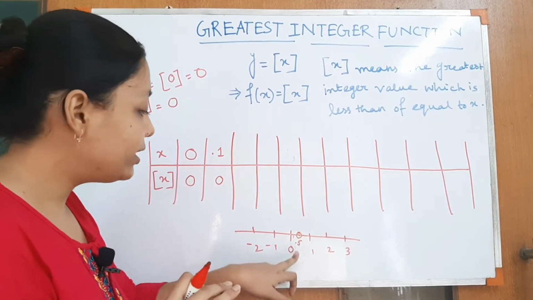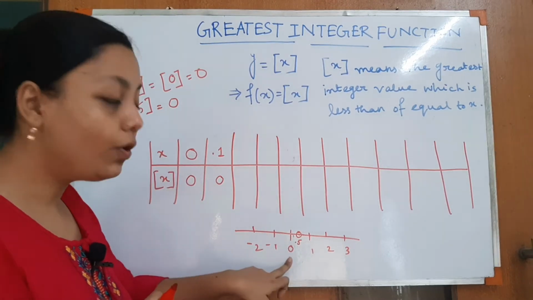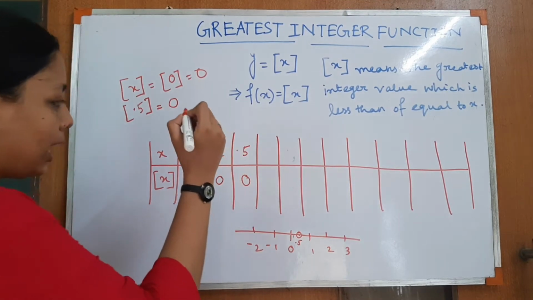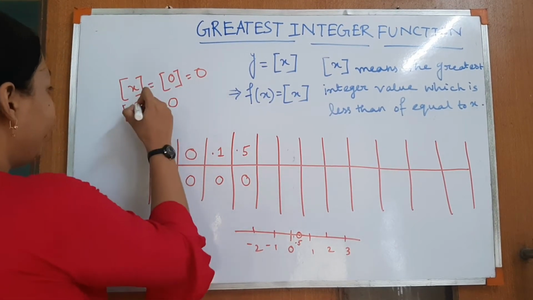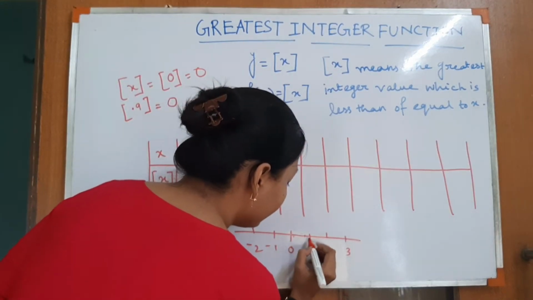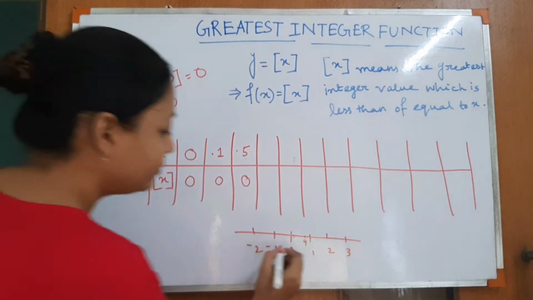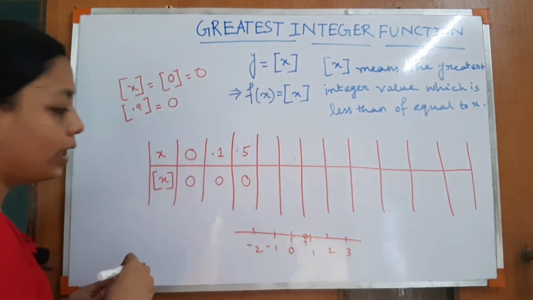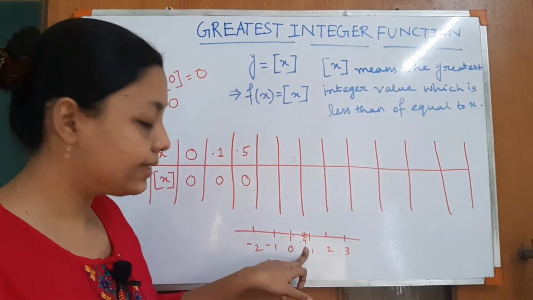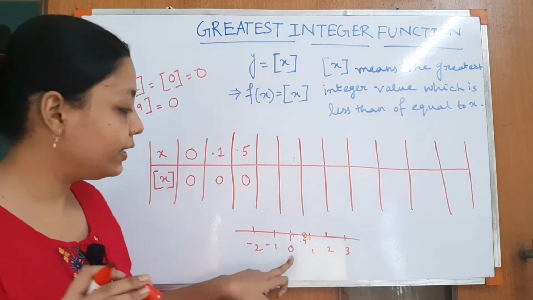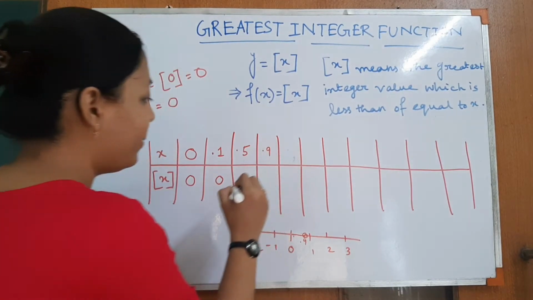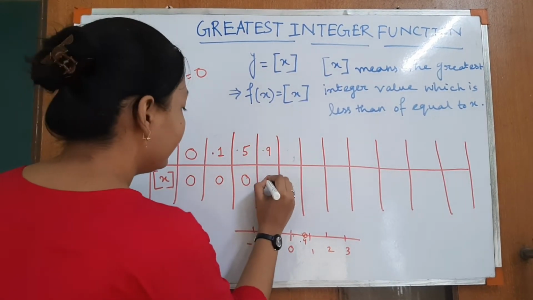So the value of box 0.5 is also 0. Now if we take 0.9, it also lies between 0 and 1. If we take 1, then it is greater than 0.9, and if we take 0, then it is less than 0.9. So box 0.9 gives 0.